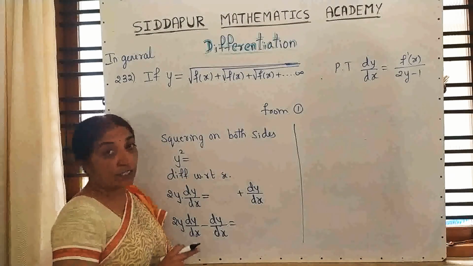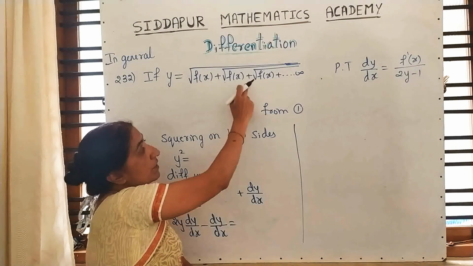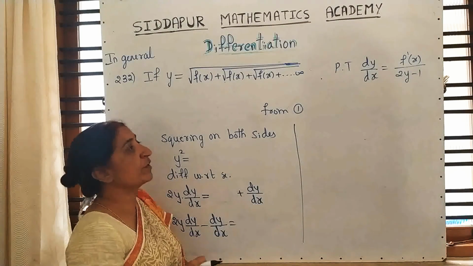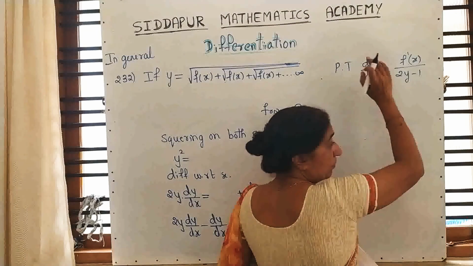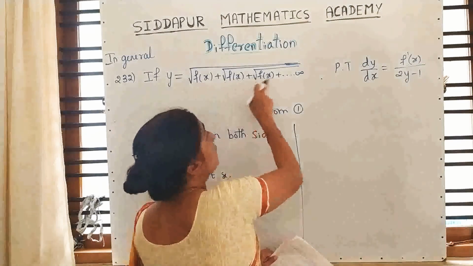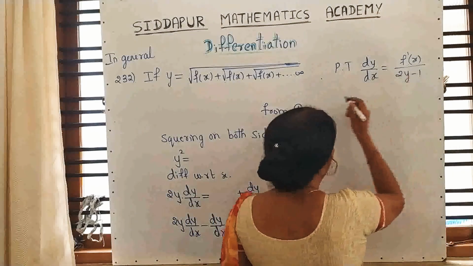Now after solving these 2 examples, you are familiar. Here if the problem is in this form, that is root under root up to infinity, then without proving this you have to remember the answer is f dash of x. F dash means the derivative of this, and denominator is 2y minus 1.